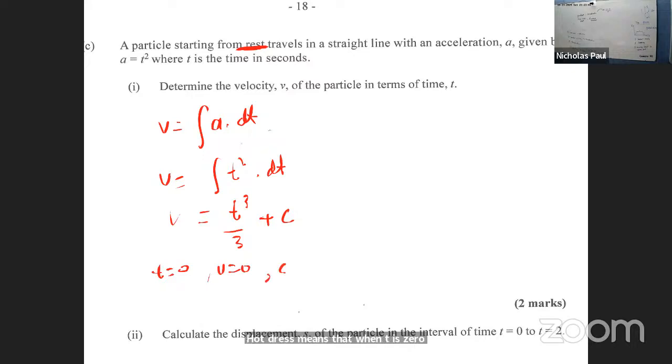So when you work it out, you'll get c equals 0. So the equation is 1/3 t cubed plus 0. I can leave out that 0. So 1/3 t cubed is the answer.